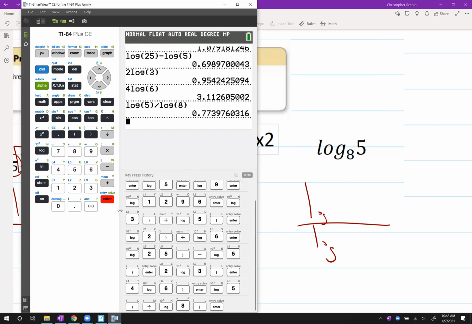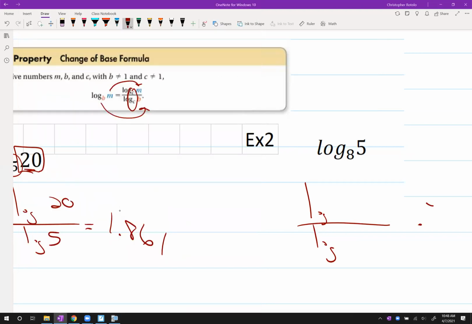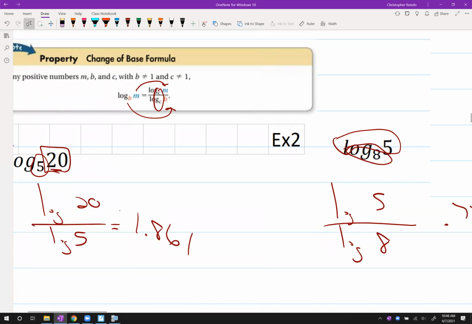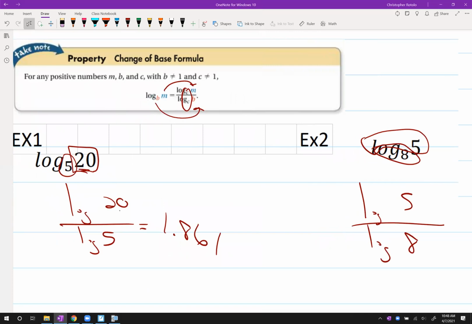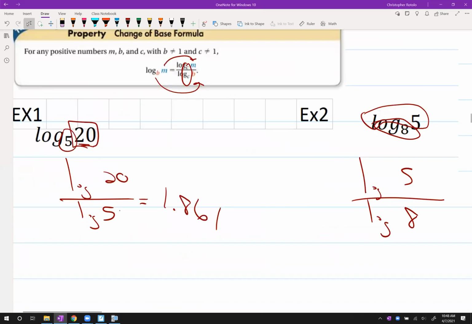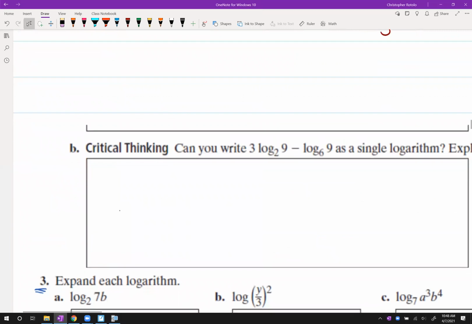Okay, so 0.774. So 5 over 8. Remember, we're going to take kind of the big half here and then the lower half there. All right, so very different. Remember, this does not have to do with subtraction. Don't get that subtraction division part mixed up. So that's kind of what we'll deal with here.